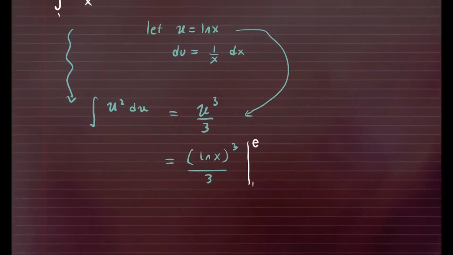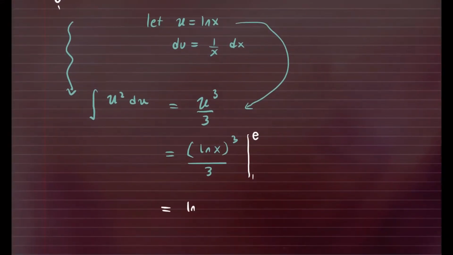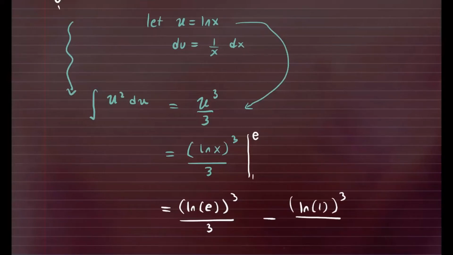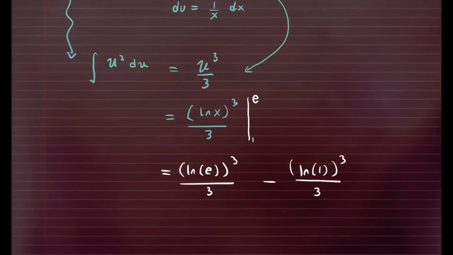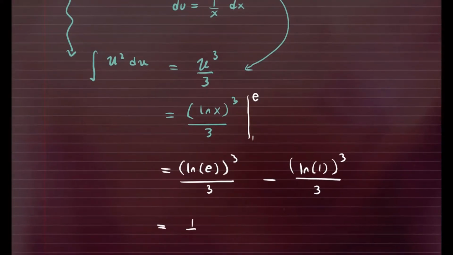Now plug in the upper limit first. So you have ln of e to the third power over 3 minus, now the lower limit, ln of 1 to the power 3 over 3. And ln of e, we know that's 1. So this is 1/3. And ln of 1 is 0, so this goes away. So all of this is simply 1/3.